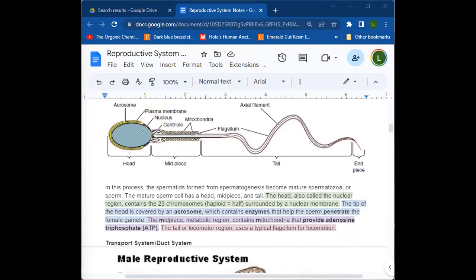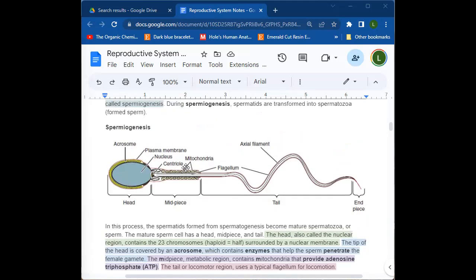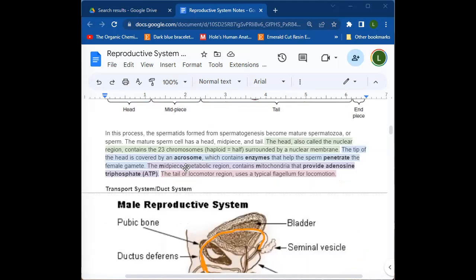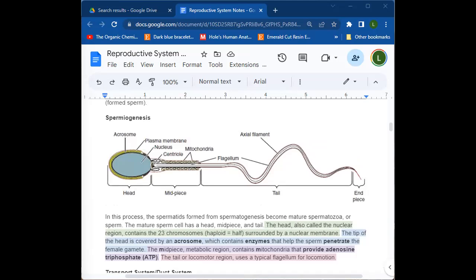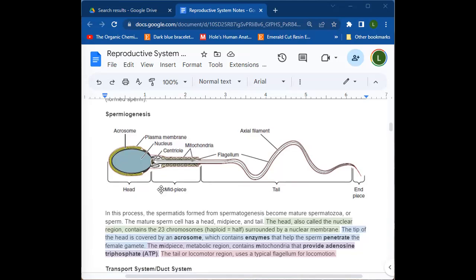So all that is happening in the epididymis. Then after that, the sperm are just going to stay there until it's time for ejaculation.